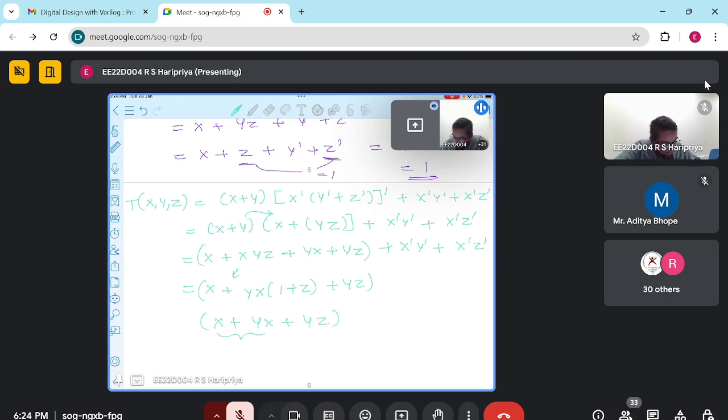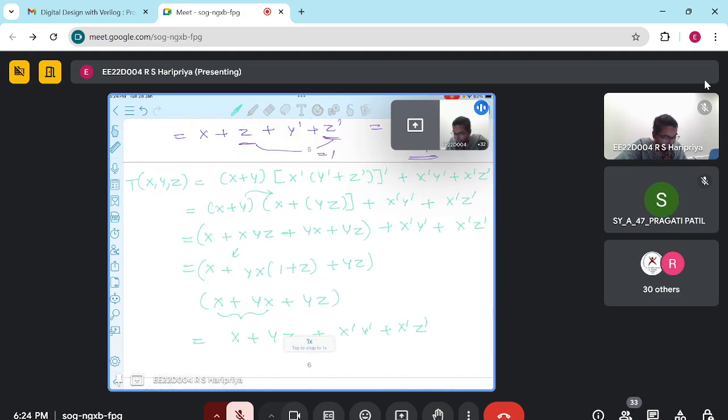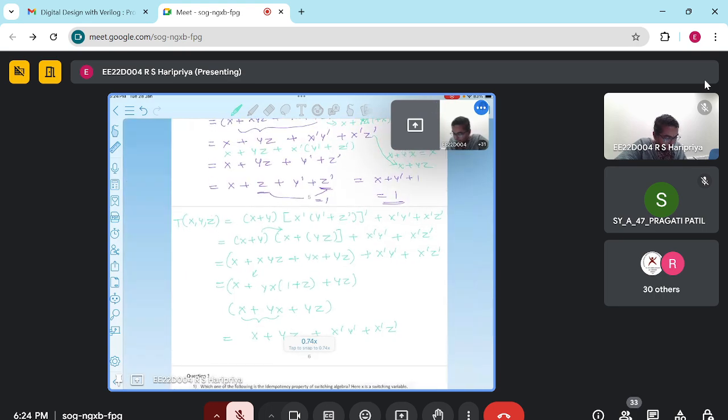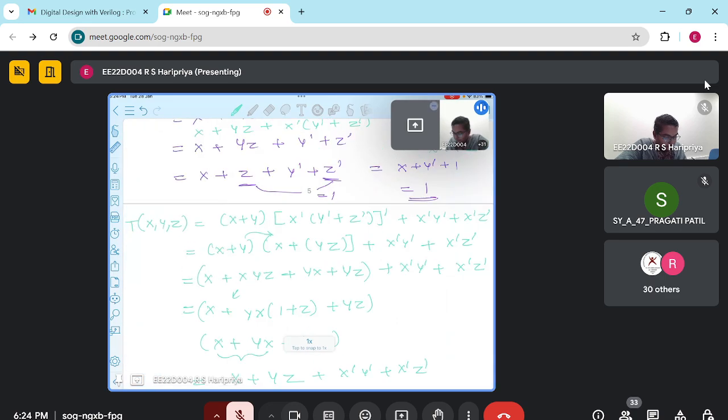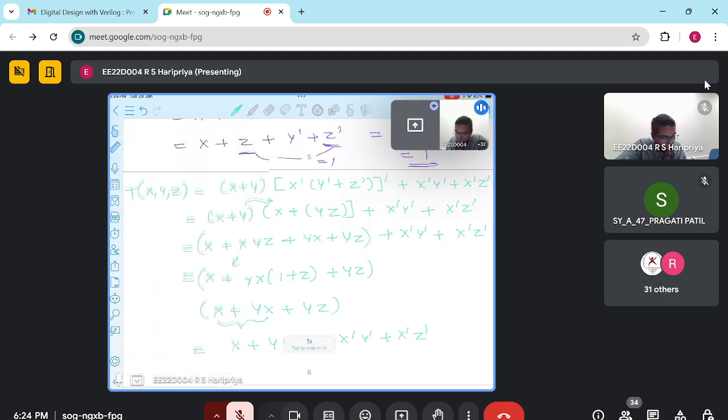So in this, if we apply absorption, it is x plus yz plus x complement y complement plus x complement z complement. Now try to apply the consensus theorem, or see if any absorption is possible.